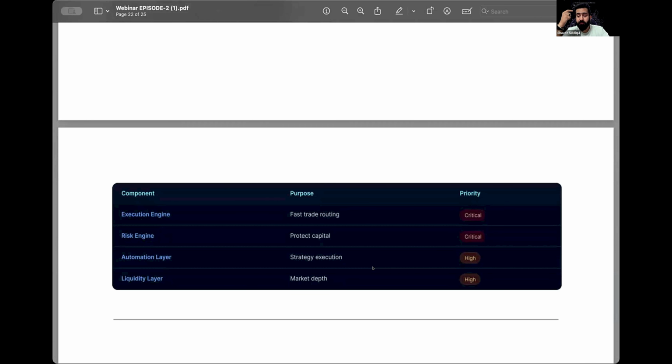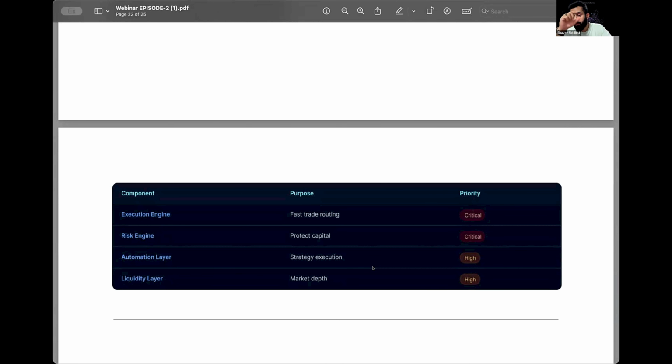Execution engine of the platform. So this is what we kept at utmost importance: the fast trade routing of the platform, the execution engine, which is the most critical part of the trading system, which is futuristic. Then the risk engine. We understood the difference between trader A and trader B because of the risk determination.